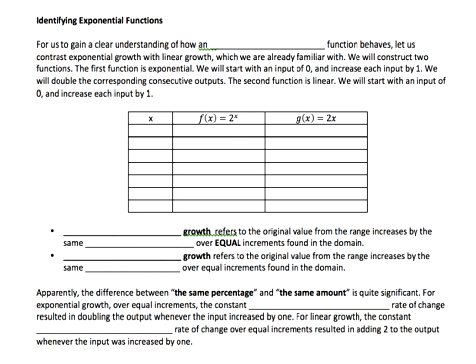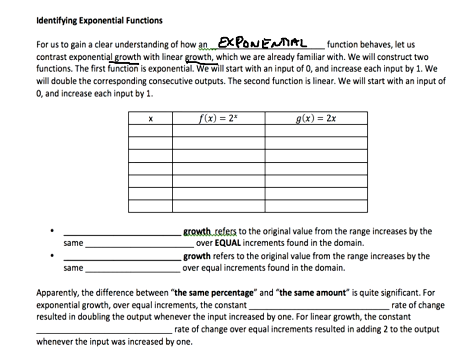So the first thing that we want to do in this section is just understand what makes a function exponential and some of the manners in which those functions behave. So for us to gain a clear understanding of how an exponential function behaves, let us contrast exponential growth with linear growth.